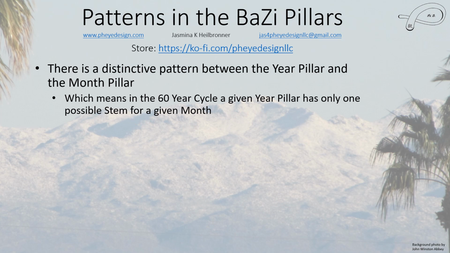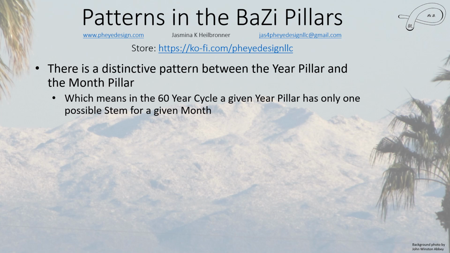That is, you don't have like the wood rat year. The tiger only has one particular stem, one element that's associated with the tiger month. There's only one set, and so this locks the BaZi into a much smaller number of possible charts.